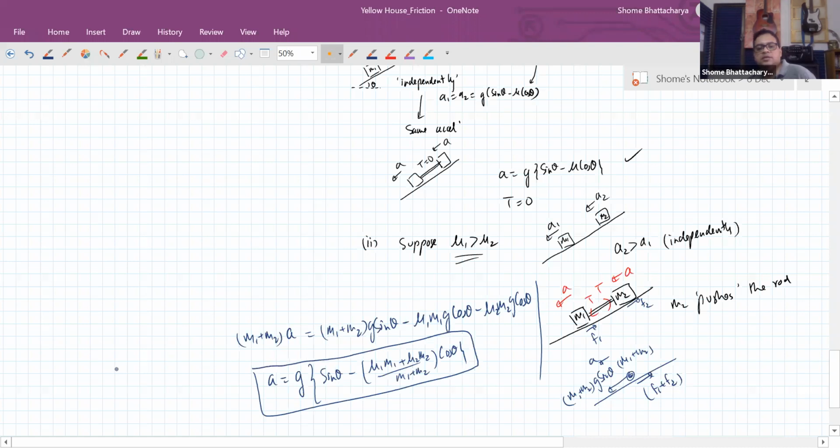And then you make the FBD of one of the two blocks, like for M1. So you can calculate the tension.